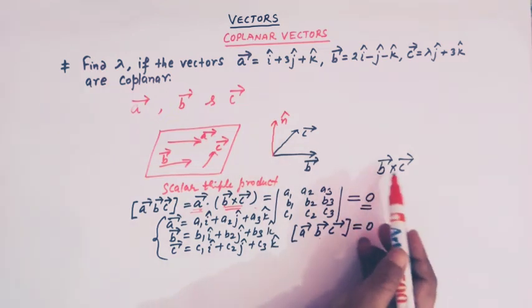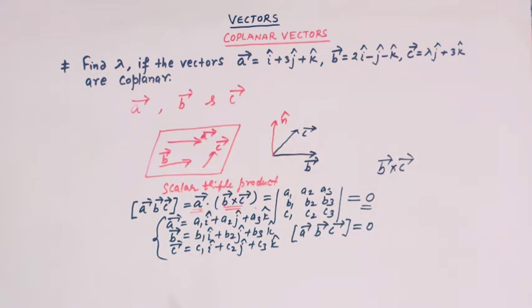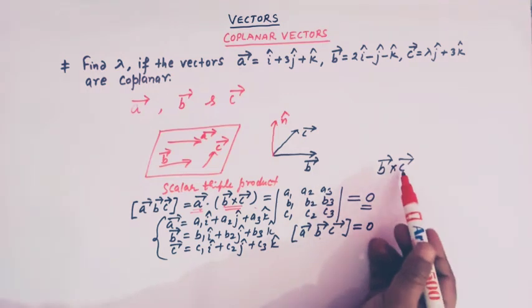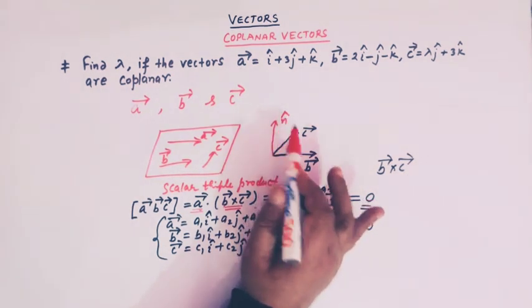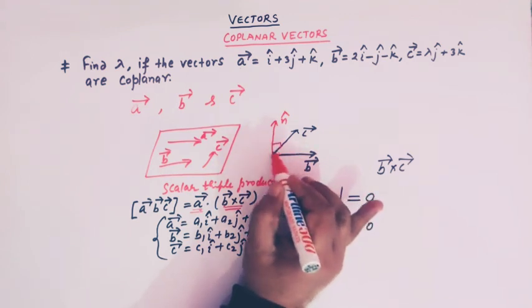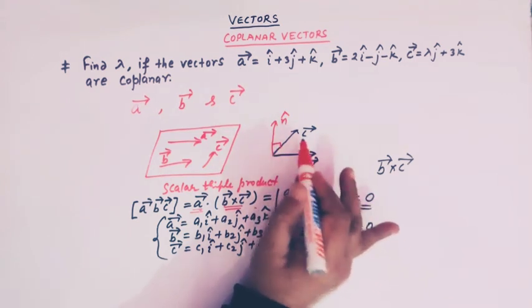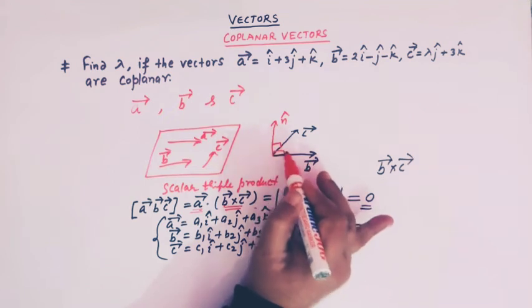So whenever we take the vector product of two vectors, here we have B and C, then we have a unit vector n cap which is perpendicular to both the vectors C and B, right?